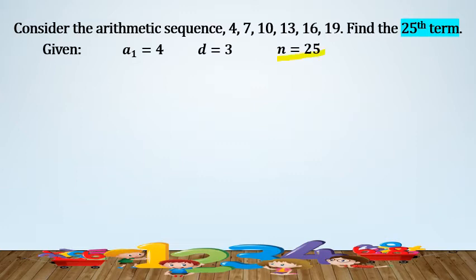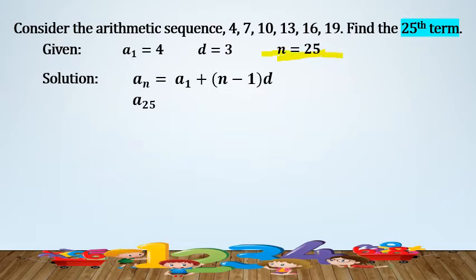ang n ay 25. So, kailangan nyo rin i-memorize ang formula, which is a sub n equals a sub 1 plus the quantity of n minus 1 times d. Ang gagawin natin yung n, papalitan natin ng 25 kasi yun ang given.